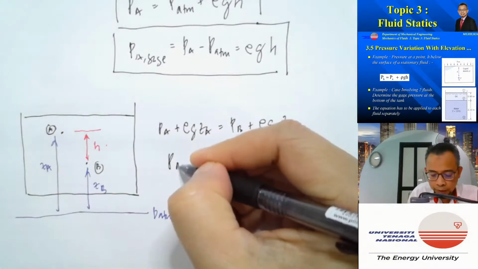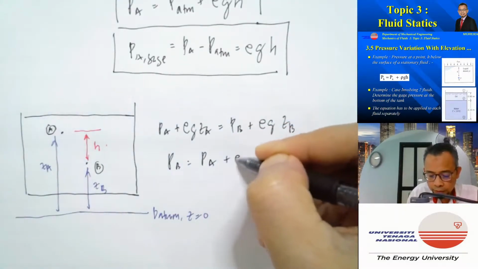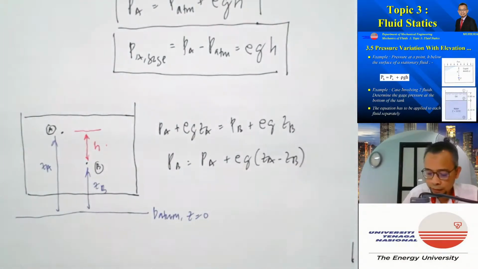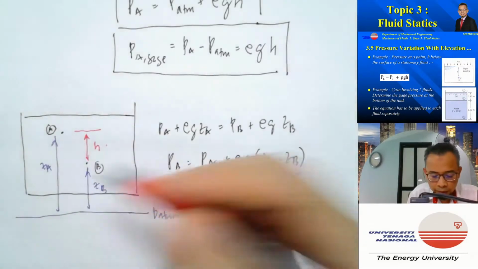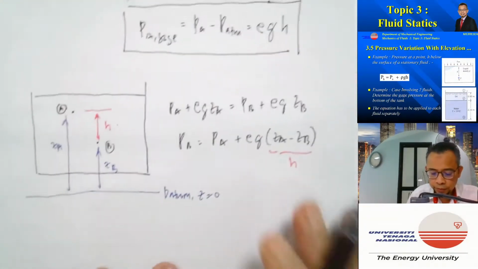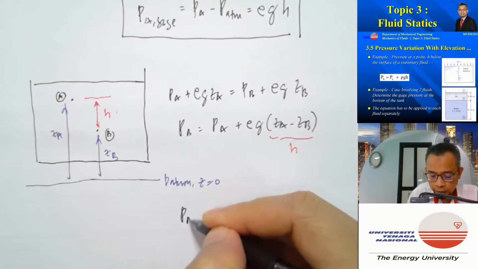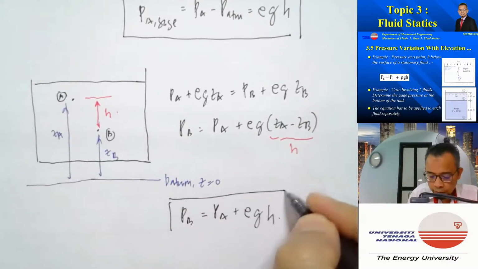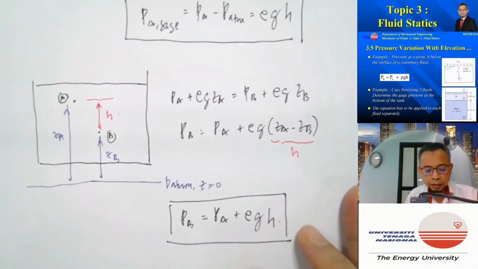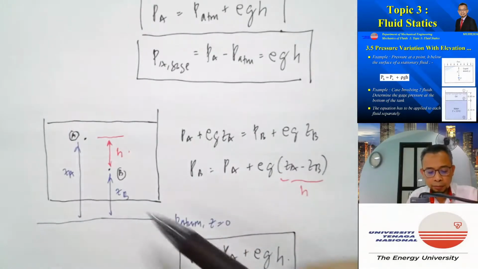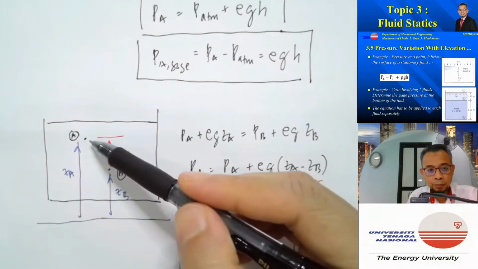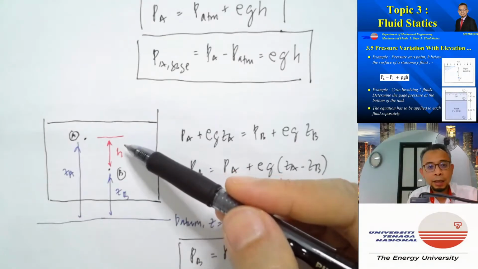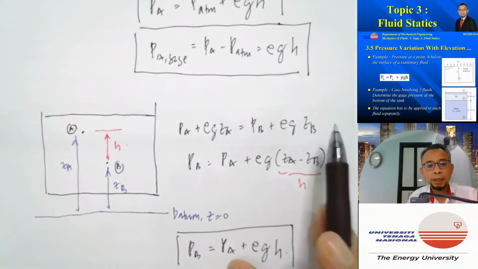So I can write PB is equal to PA plus rho g (ZA minus ZB). And I know that ZA minus ZB is equal to H. So I can write PB is equal to PA plus rho g H. Basically, we can see that the pressure at point B is equal to the pressure at point A plus rho g H, where H is the height difference between A and B.